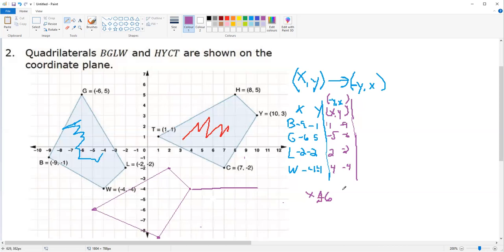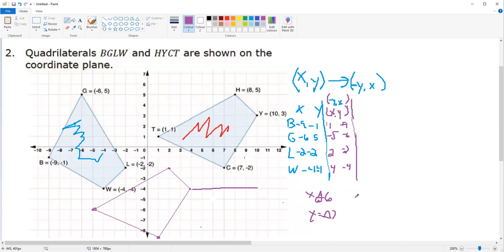I think it's 6. Maybe I'm just counting. All right, so delta 6. And how many do I need to go up? 1, 2, 3, 4, 5, 6, 7. And y equals 7. So I think my x equals delta 6 and y equals delta 7.